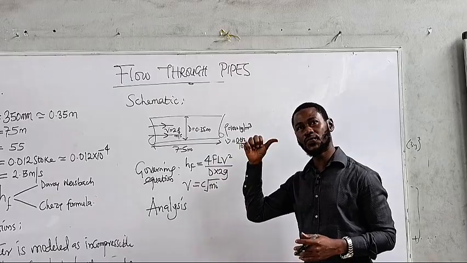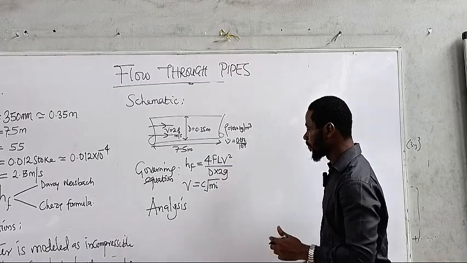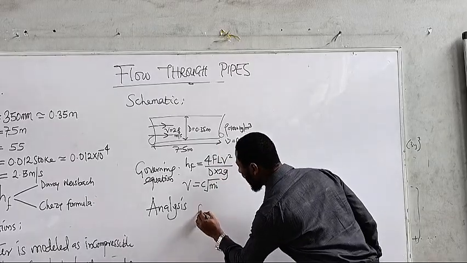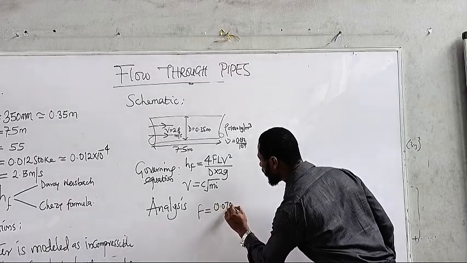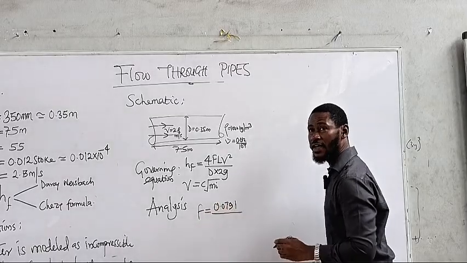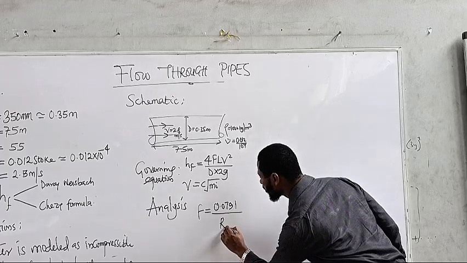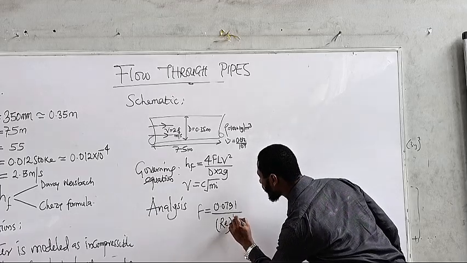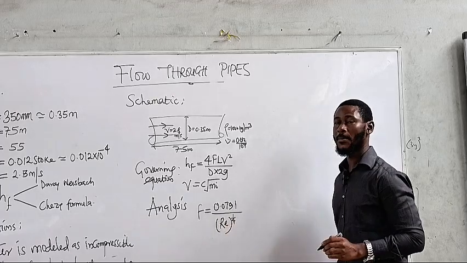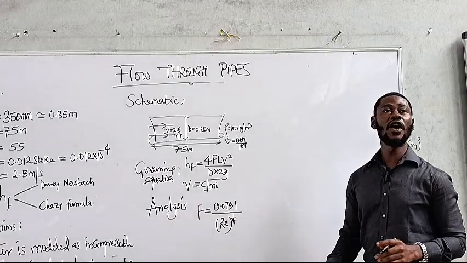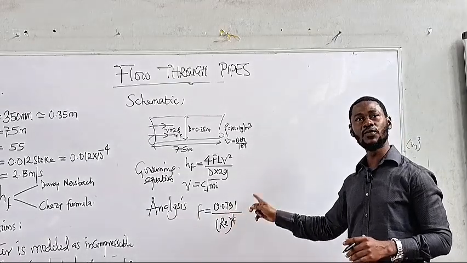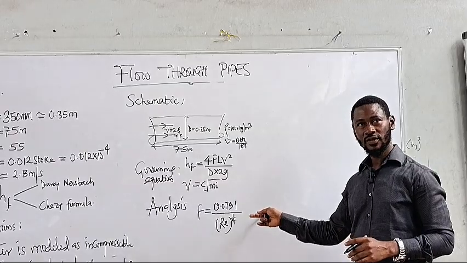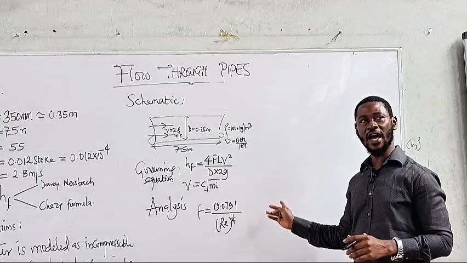So we go back to the equation I gave you previously. The friction factor F is 0.0791 divided by Reynolds number raised to the power of 1 over 4, which is 0.25.